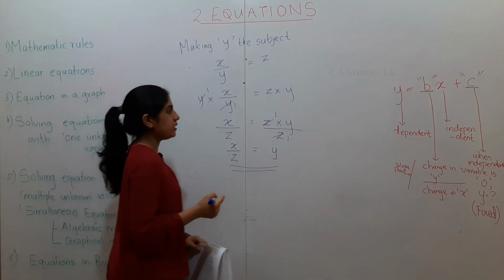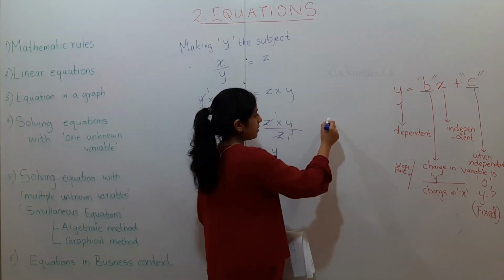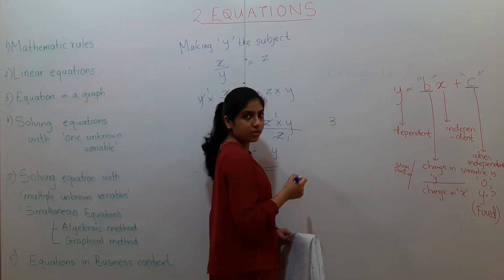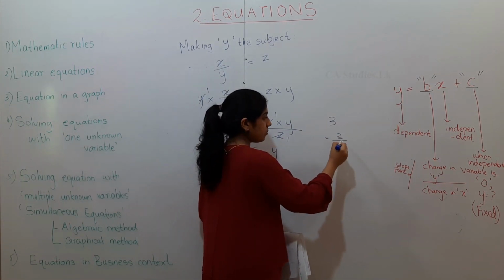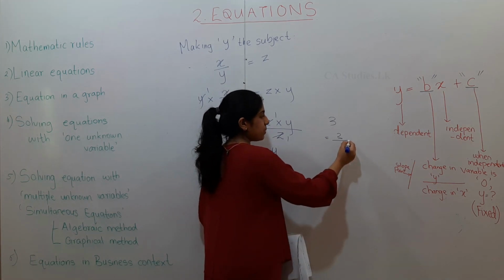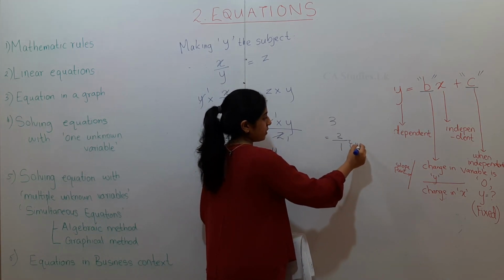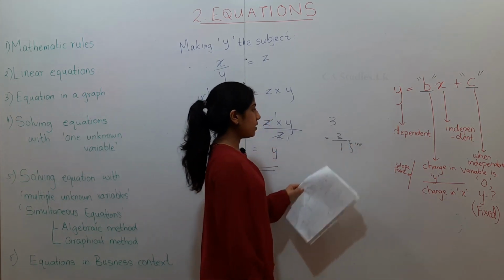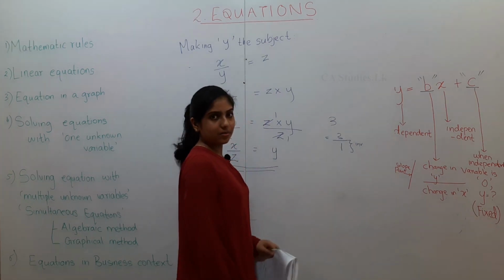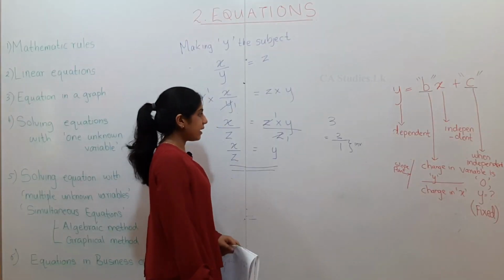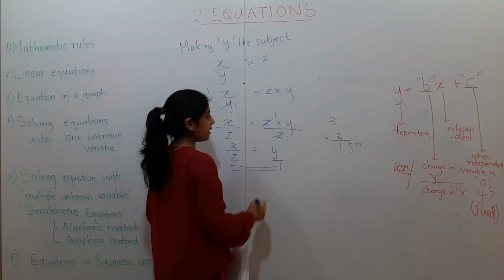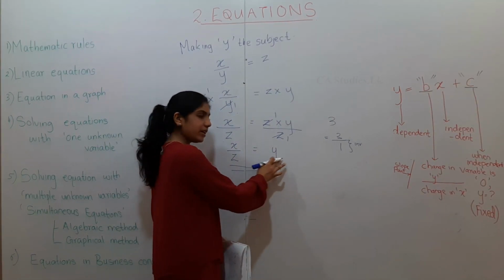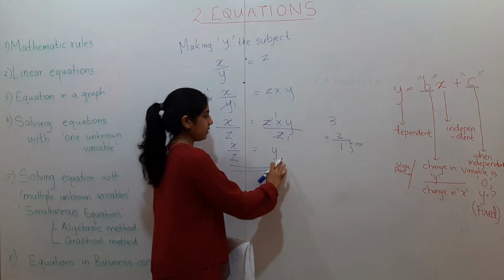Again, let me remind you, if a number is written like just 3, it means 3 divided by 1. This part is invisible. That's why we don't write it like this, but the meaning is that. Even though y is like this, it is y divided by 1. Y divided by 1 is y, no? Okay.